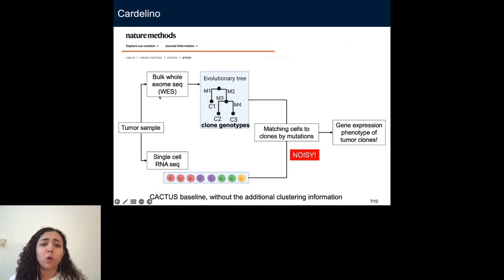They also have the whole exome sequencing, the single cell RNA sequencing, and they use the mutations for mapping the cells to the clones by their mutations to the genotype of the clones, actually. It's the CACTUS baseline, but without the additional clustering information. So, as I said, the single cell information could be noisy here.